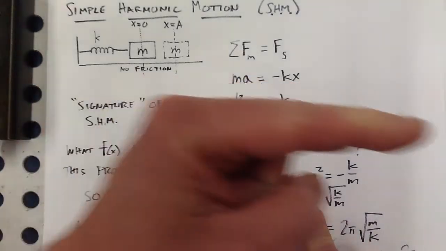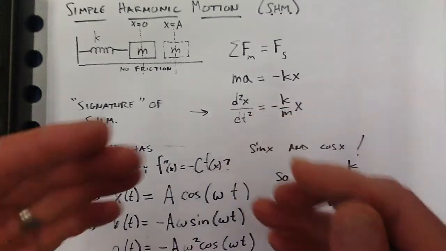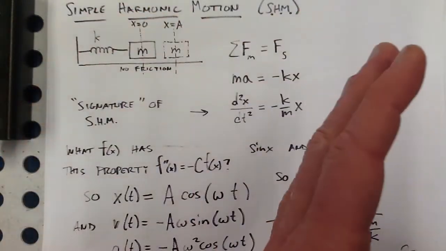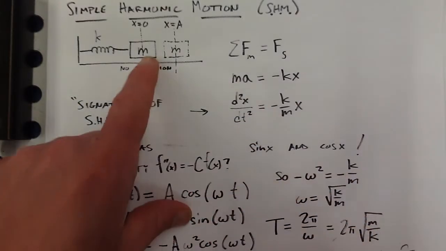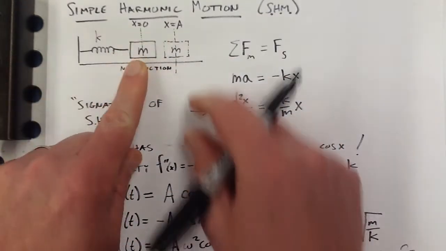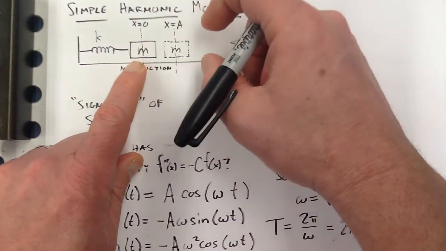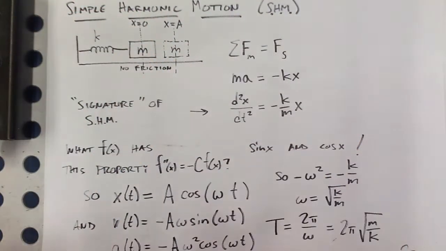So if your position is over here, then your acceleration is going to be the other way, and it's directly proportional. The more you get away from equilibrium or the zero position, the more acceleration you're going to have. So there's a restoring force. The mass on the spring always wants to get back to equilibrium. If you've stretched the spring, then it wants to go back this way, and if you've compressed it here, it wants to push back to that equilibrium position.